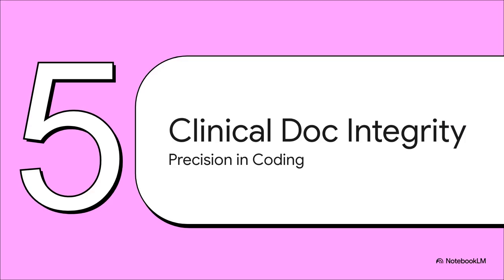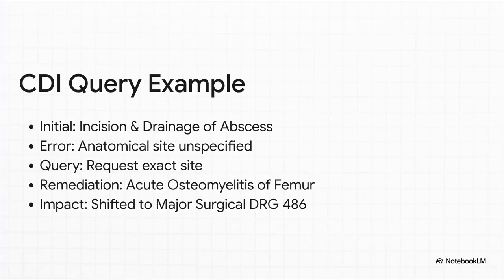Finally, let's wrap up with Section 5, Clinical Documentation Integrity. To synthesize all of this, we have to look at CDI, the vital bridge between what happens at the bedside and how the hospital gets paid. Here's a perfect real-world example. A doctor documents incision and drainage of abscess. But remember how precise this system is? In ICD-10 PCS, you can't just drain a generic mystery abscess.